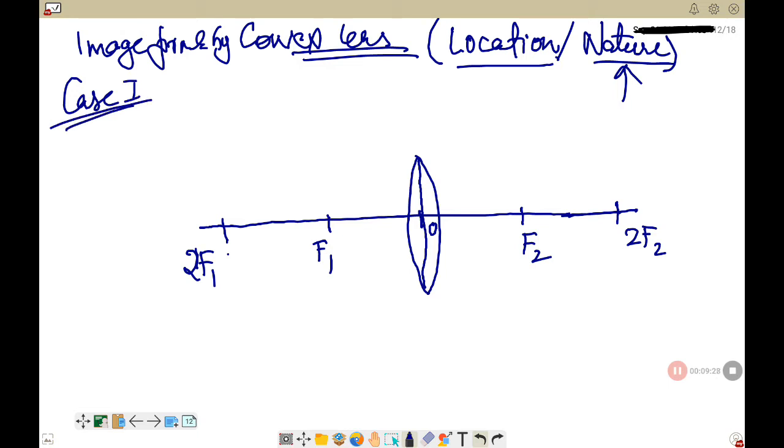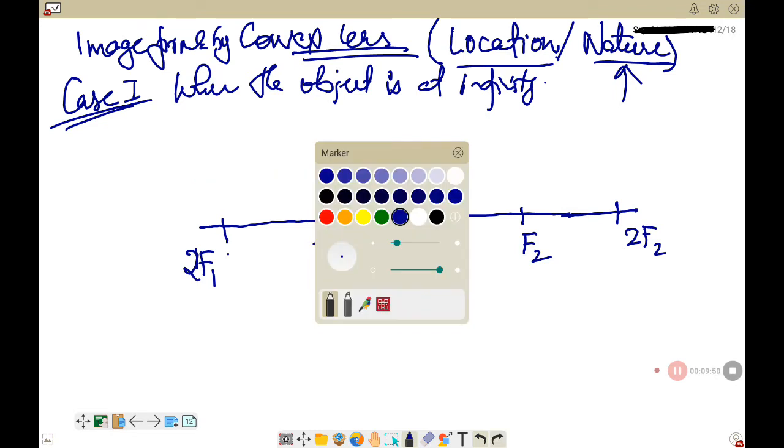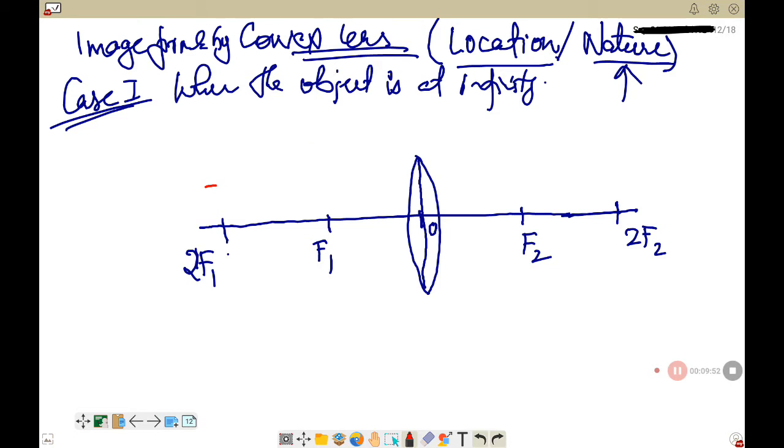Now what is case 1? When the object is at infinity, it's very far away from us, so we do not know where the object is. Understand? So in that circumstance, what will happen? The rays coming from that object will be parallel to the principal axis.